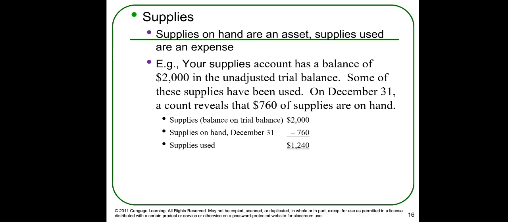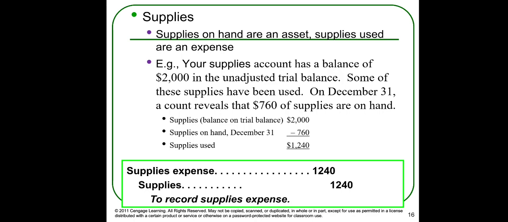After you know the value of supplies used, then you have to do this adjusting entry, the general journal for this adjusting entry. So when you know that $1,240 of supplies have been used, you have to record that as an expense. Like I said earlier, supplies, if you have them in your shop, are assets, but when you use them, they become an expense.